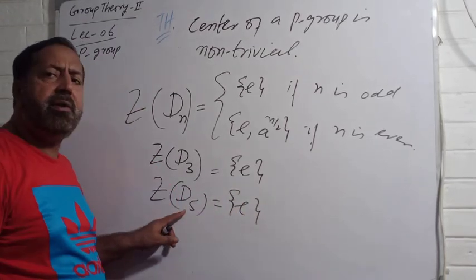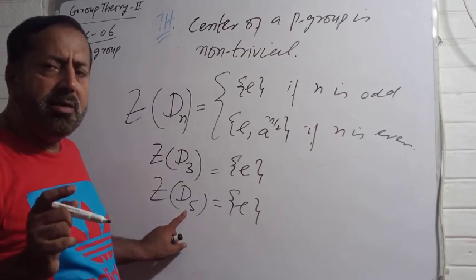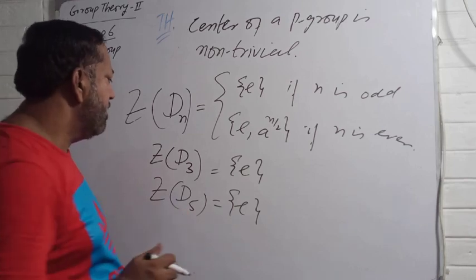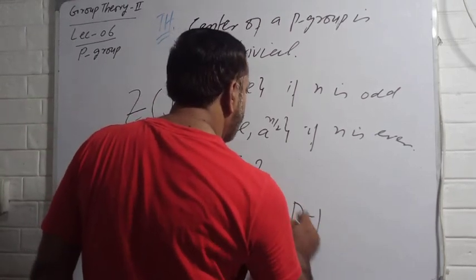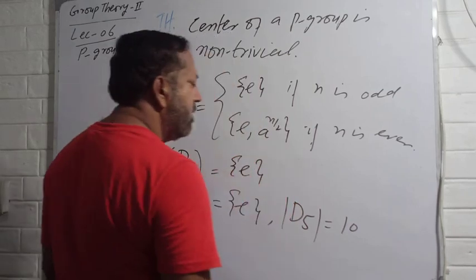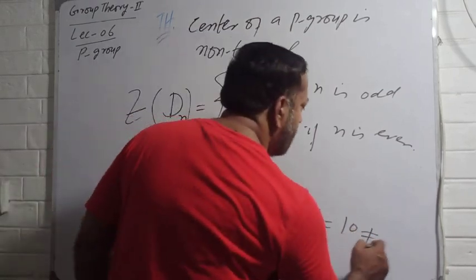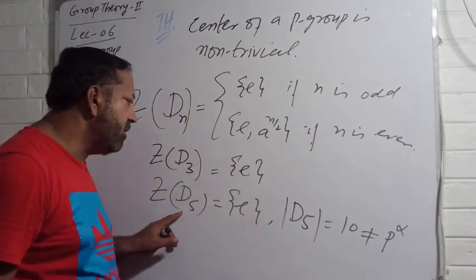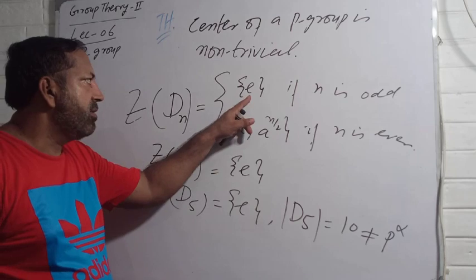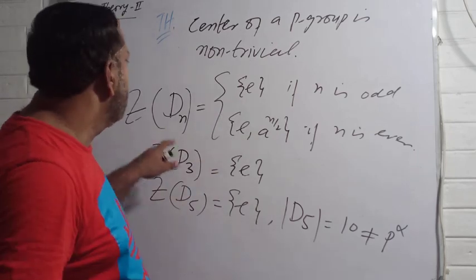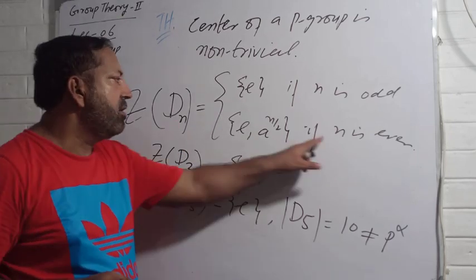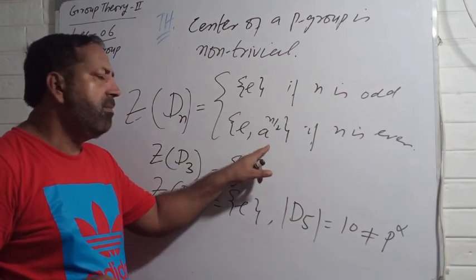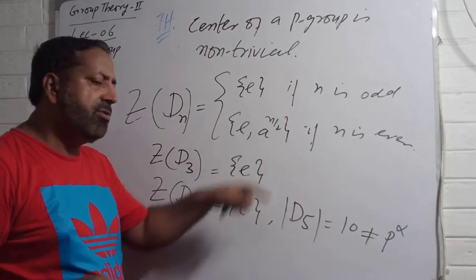The order of D5 is 10, which is not equal to some prime power p^alpha, so D5 is not a p-group, and its center is the trivial center. However, when n is even, you are getting more than one element, a^(n/2).